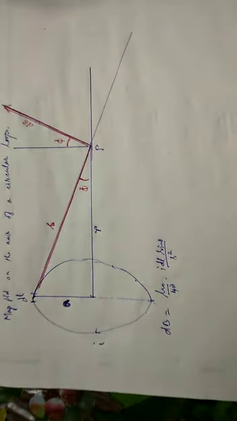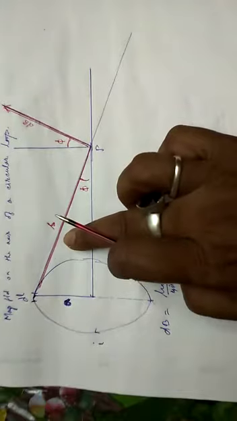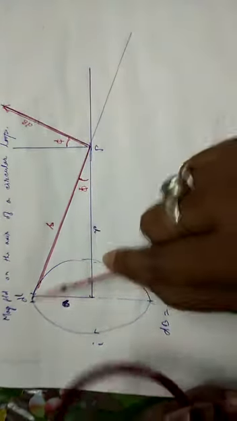Now you can clearly judge that this displacement vector is making an angle of 90 degrees with the current element.